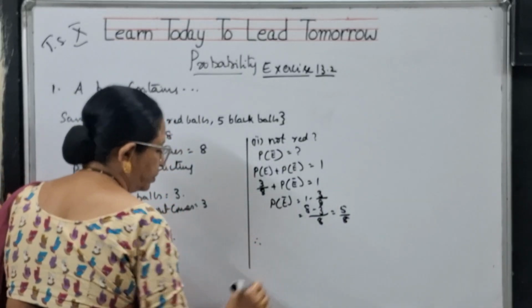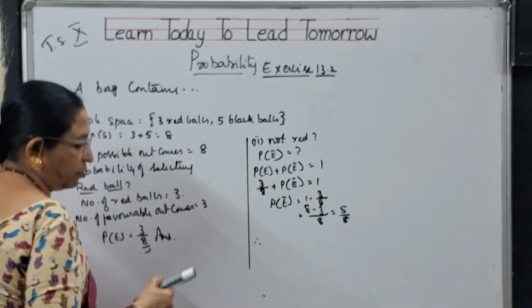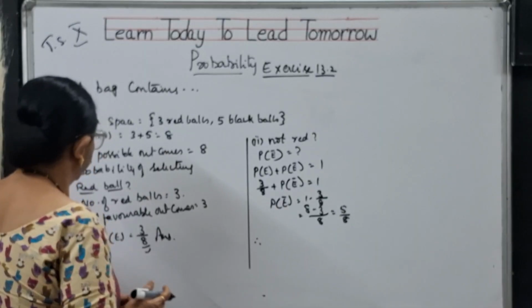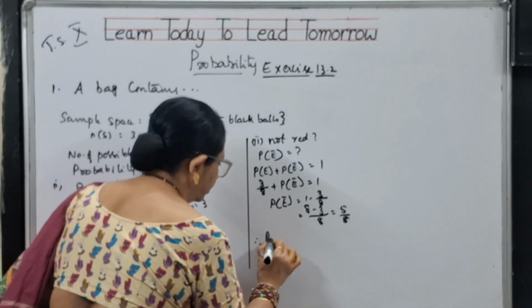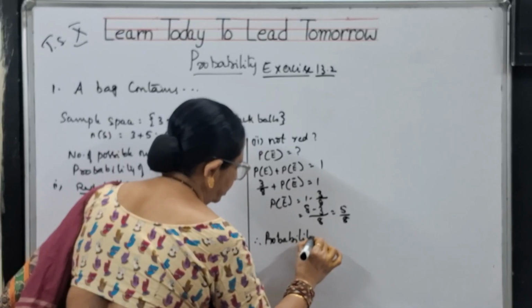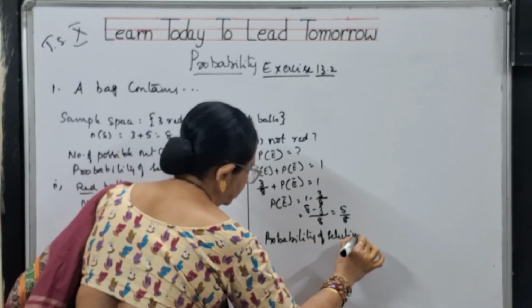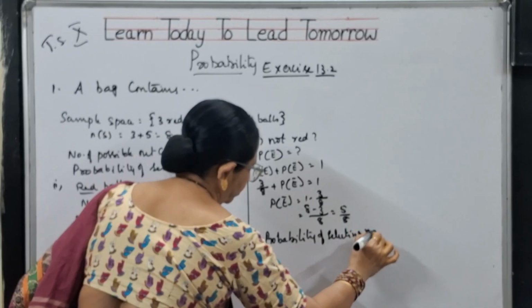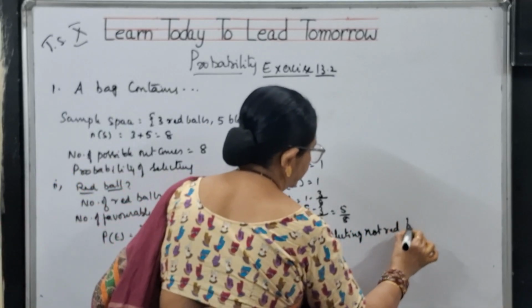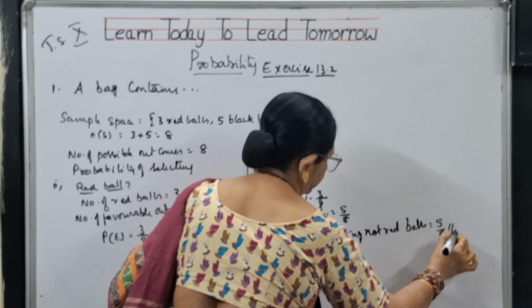So what is P of E dash? The question is not red. So the probability of selecting not red balls is equal to 5 by 8.